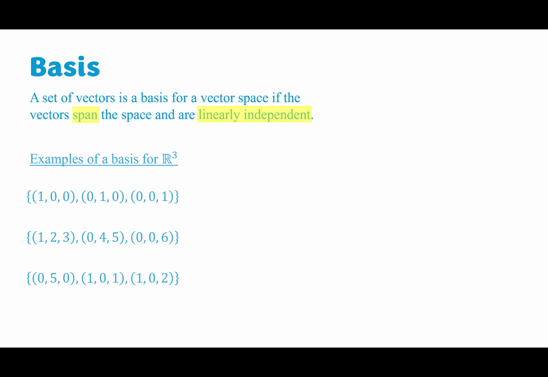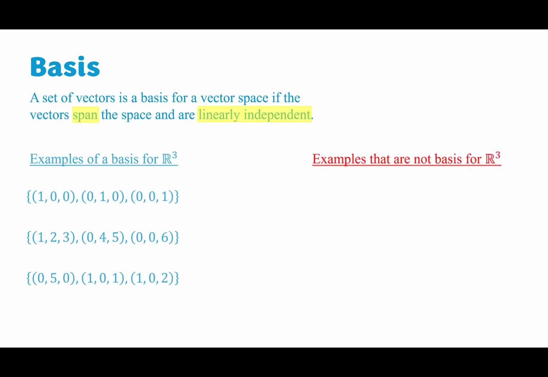We'd show that these three span R3, meaning any vector in R3 I can write as a linear combination of those three vectors, and they're linearly independent. So those are three examples, and in a little bit we'll look at proving that a set of vectors is actually a basis for a vector space, but we're just going to identify them here for now.